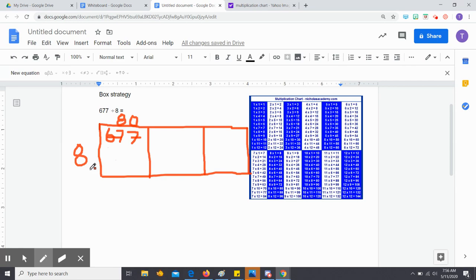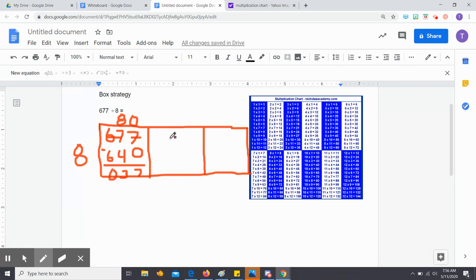Then I go 80 times 8, or 8 times 8, which is 64, and then I add that 0, if that makes it easier on your brain. And then, like in other things, I find the difference. So 7 minus 0 is 7, 7 minus 4 is 3, 6 minus 6 is 0.